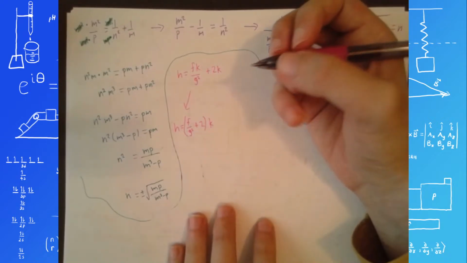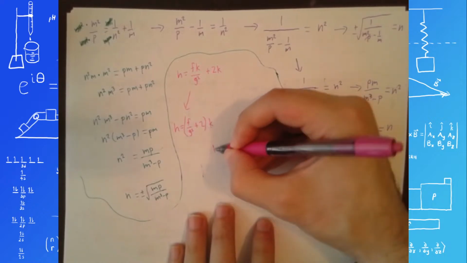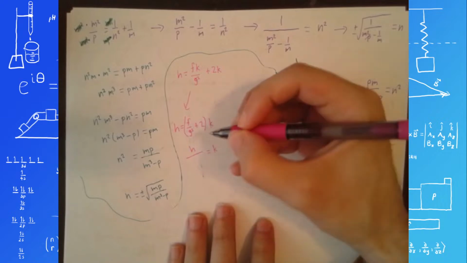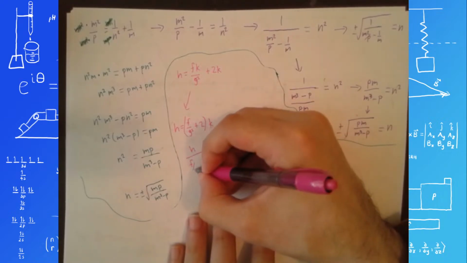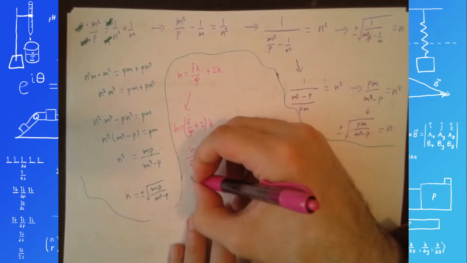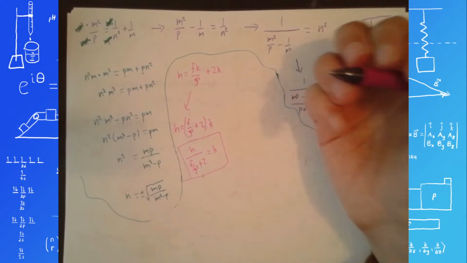Divide what's in the parentheses over to the left, and you get k equals h over f over g squared plus 2. And you're done in 2 steps for that one.